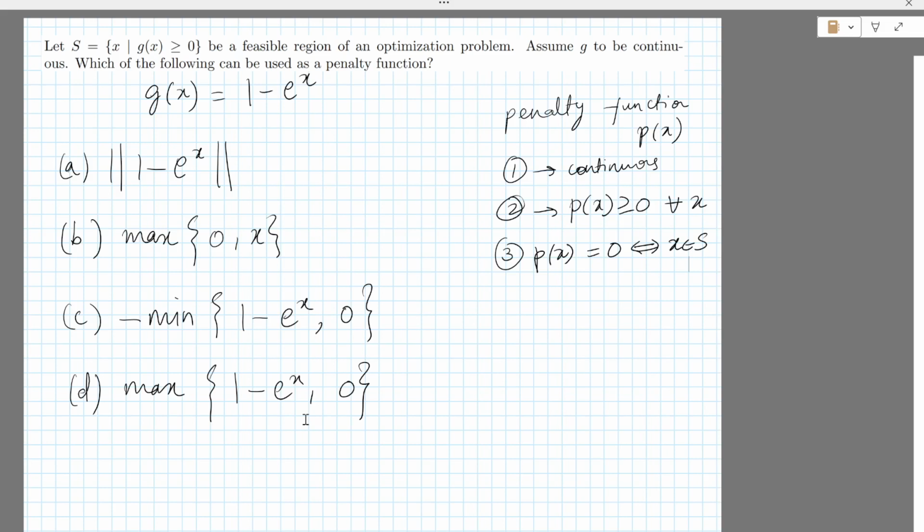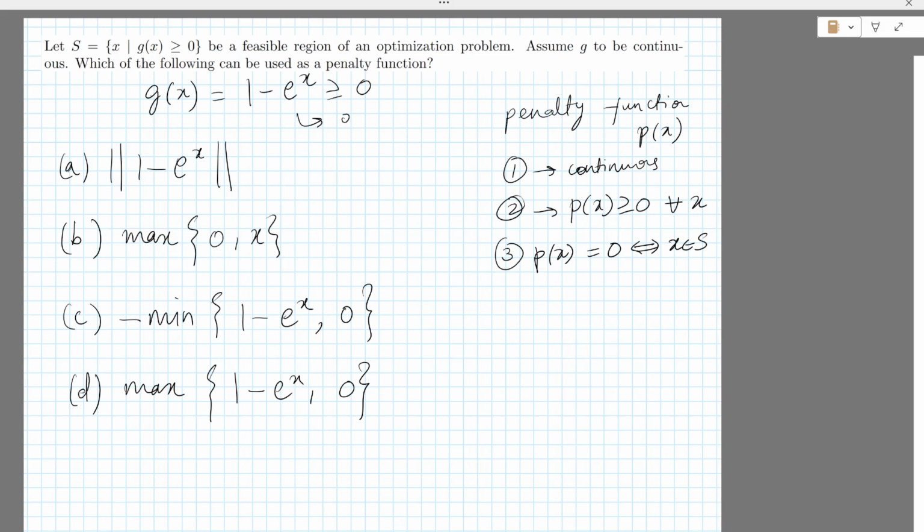So basically we want this to be greater than or equal to 0, so that means 1 is greater than or equal to e^x, so x has to be less than or equal to 0. That is our feasible set.